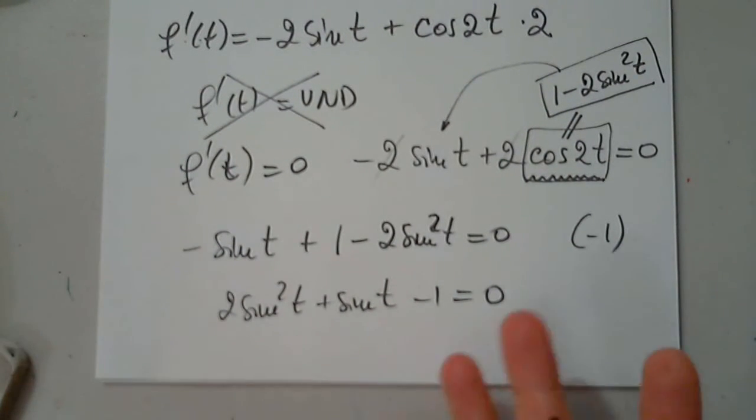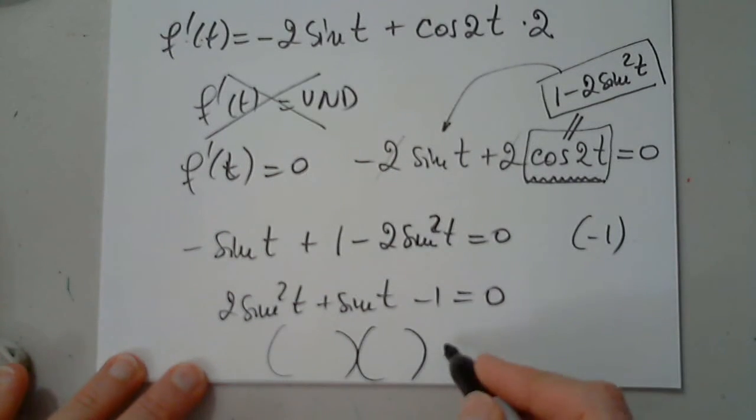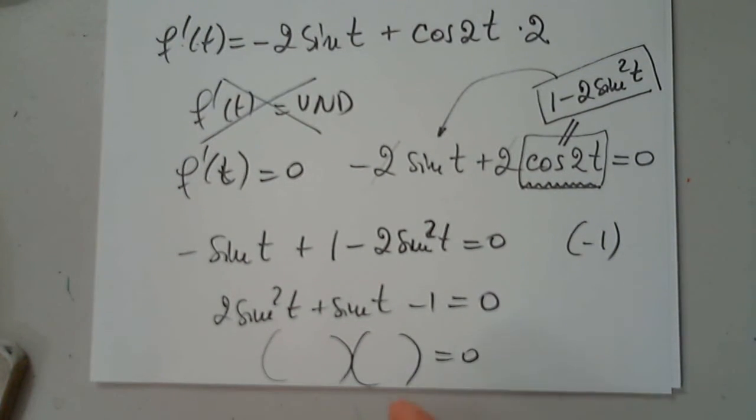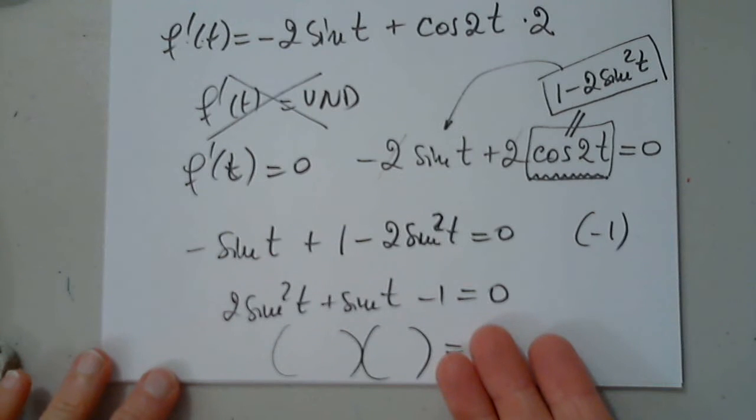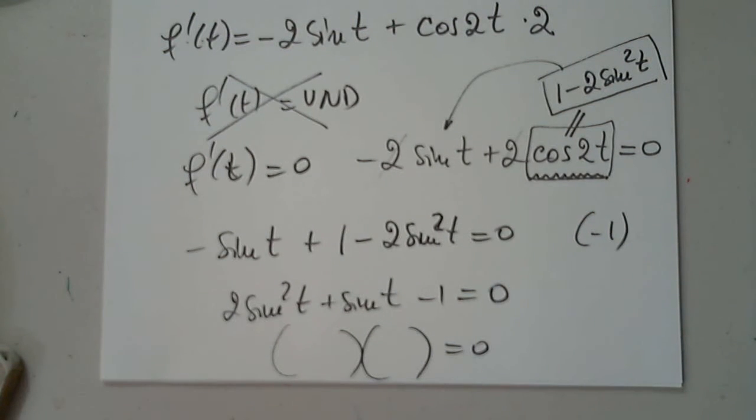At this point in calculus, yes, you can factor, but this is a quadratic, so you can also do this. I'm not forcing my calculus students to use the quadratic formula or factor if it's a simple quadratic situation.